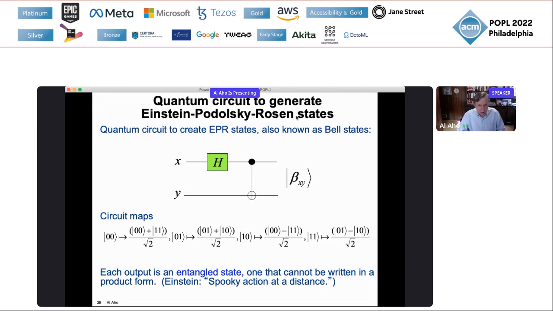This quantum circuit illustrates how to generate what are called Einstein-Podolsky-Rosen states, also known as Bell states. If we applied ket 0, 0 to this circuit, we would get as output the state ket 0, 0 plus ket 1, 1 over the square root of 2.